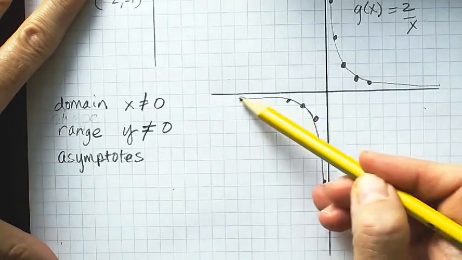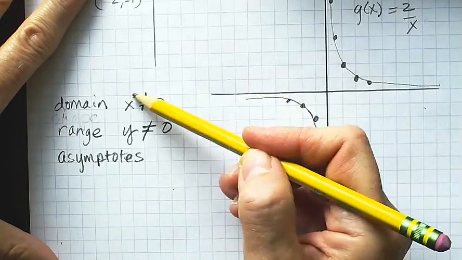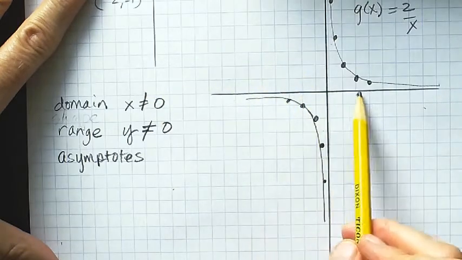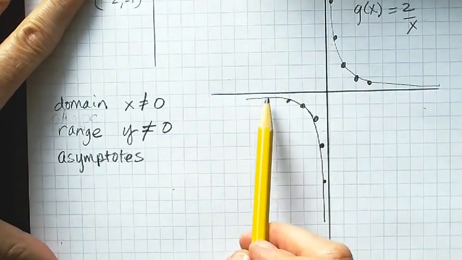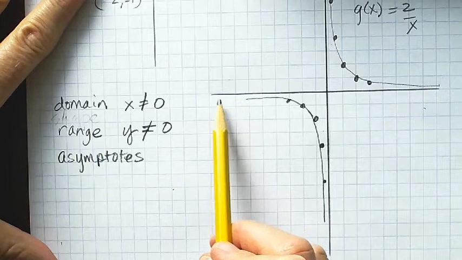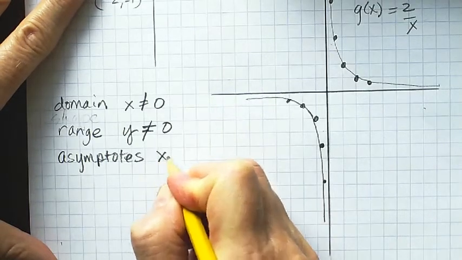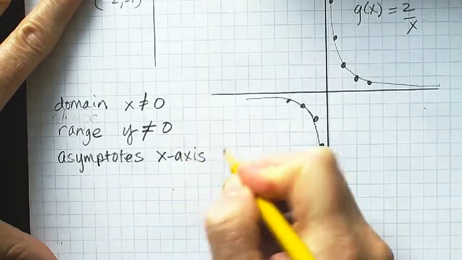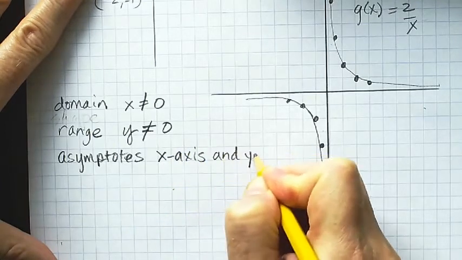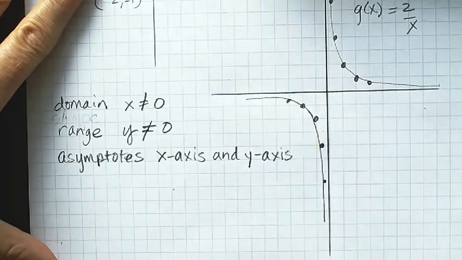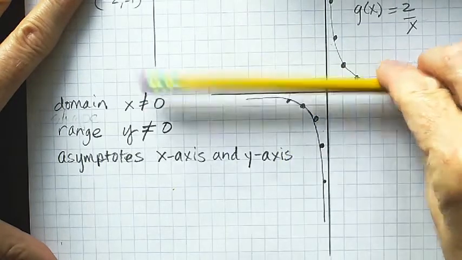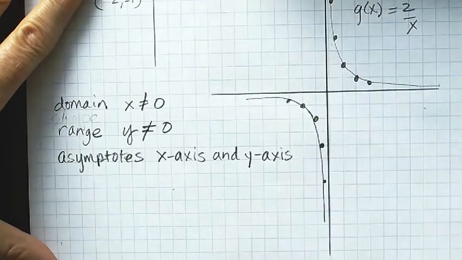If we keep choosing points below -3 or points above +3, we're just going to get points that are just a little bit below that x-axis. So we have asymptotes of the x-axis and the y-axis. These are never crossed. The graph just gets closer and closer and closer to those lines.